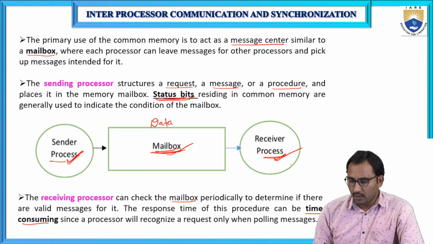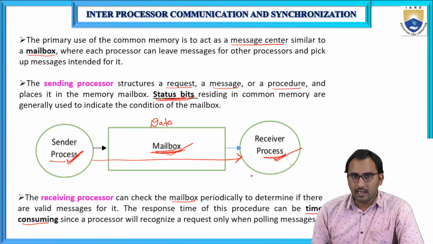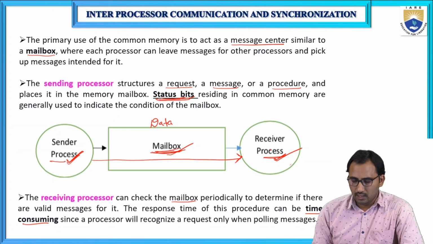When the receiver processor receives the interrupt, it comes to know that the mailbox contains some valid data, so the receiver processor can read the data from the mailbox.